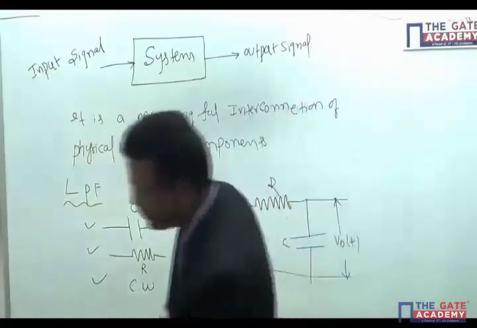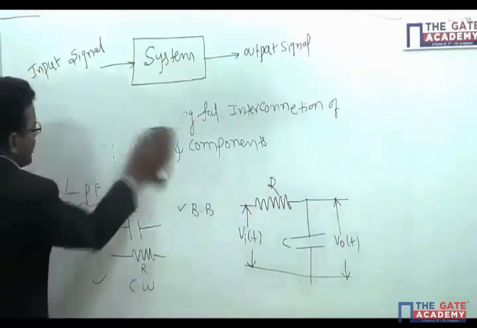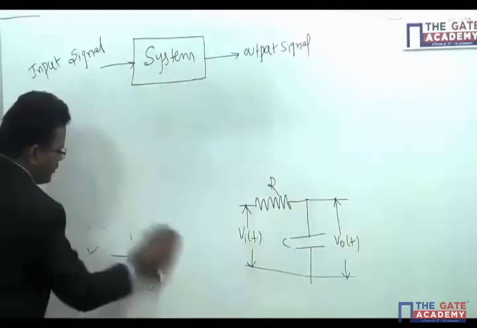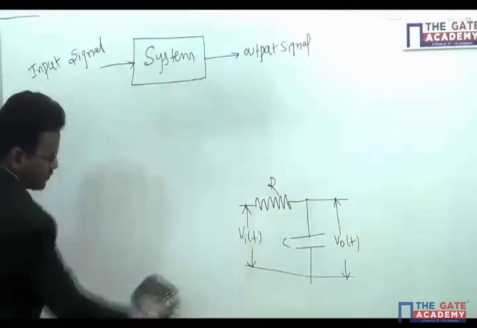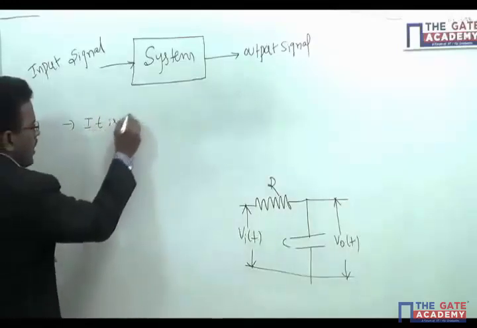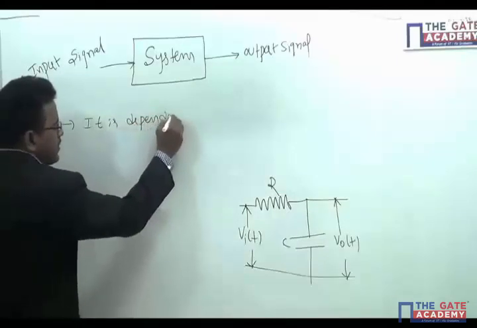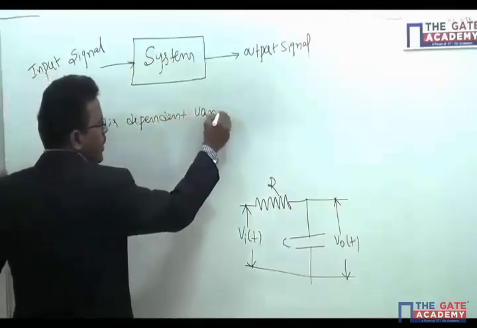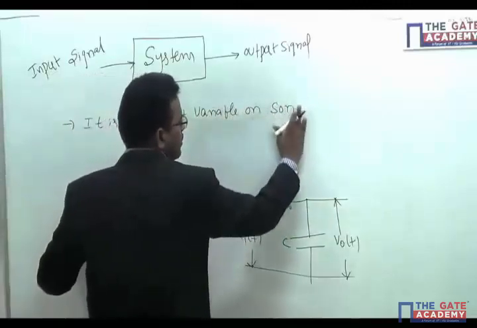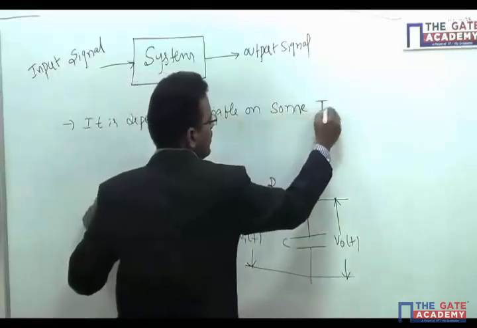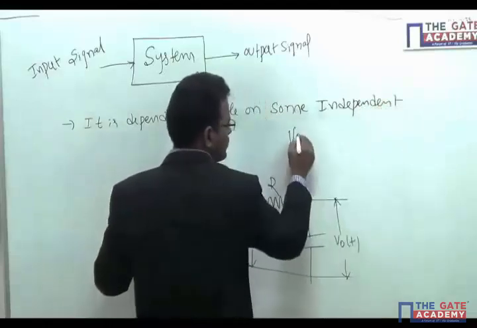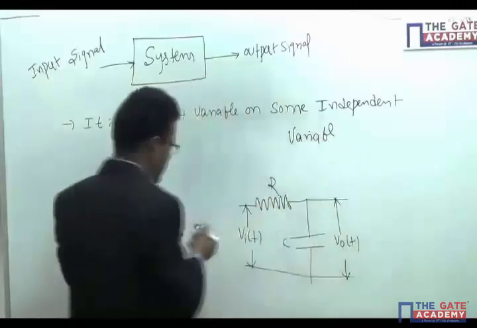Now let's discuss the actual small definition for the signal. In general, the definition for the signal is: it is a dependent variable on some independent variable. Or you can take one more definition.